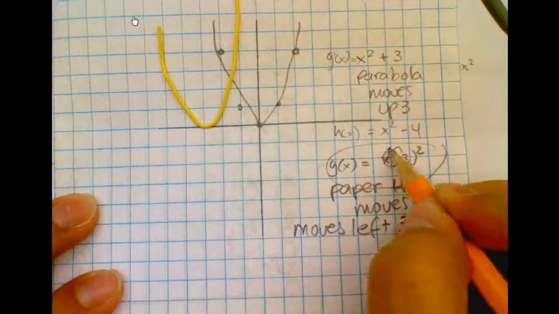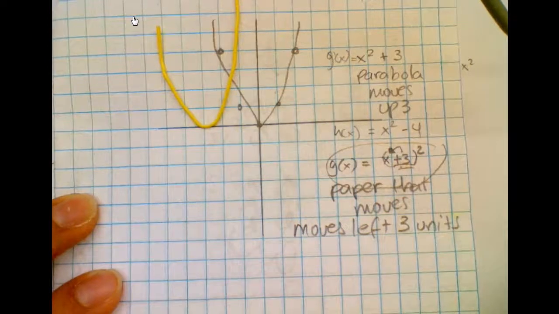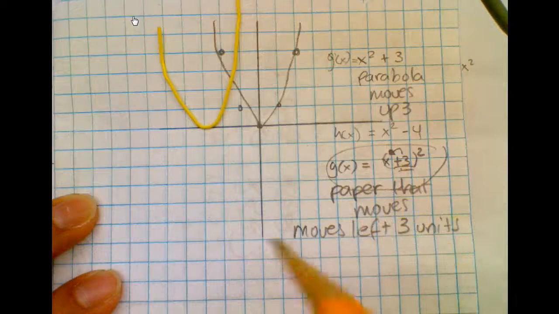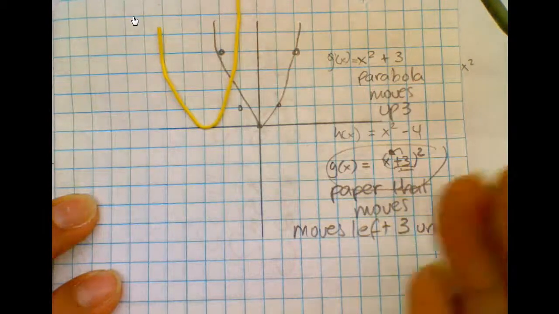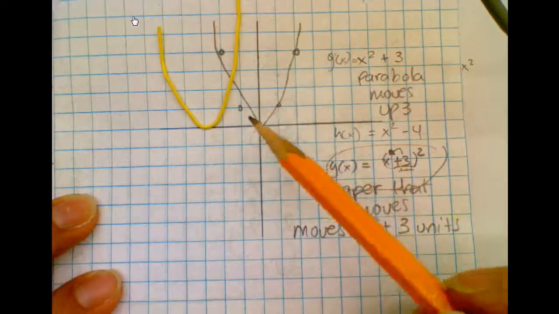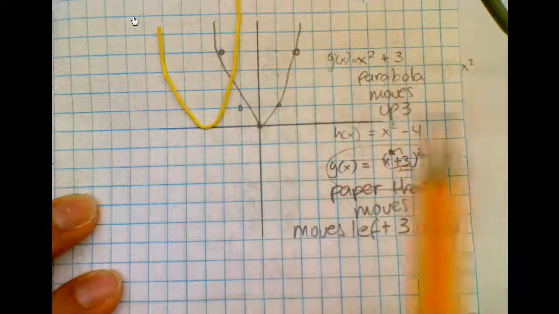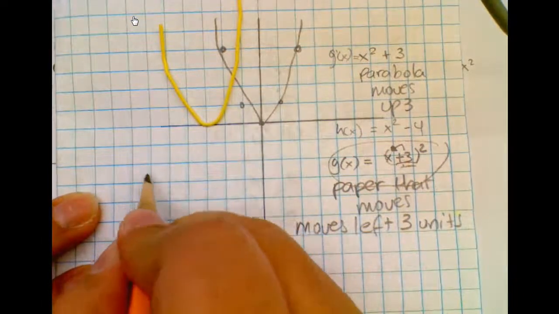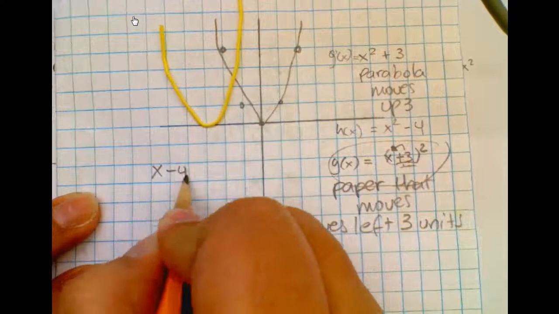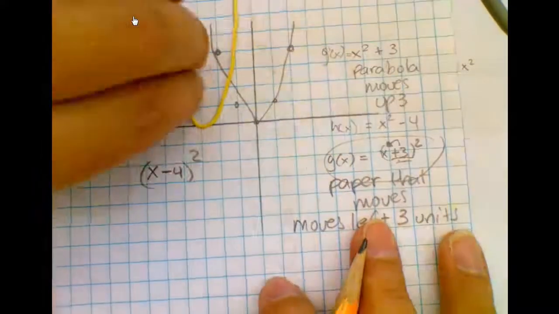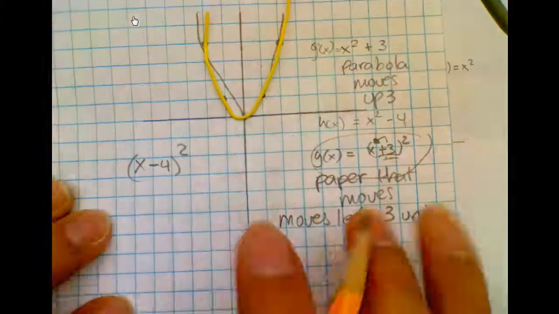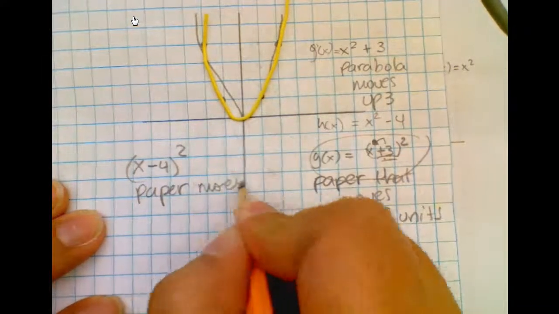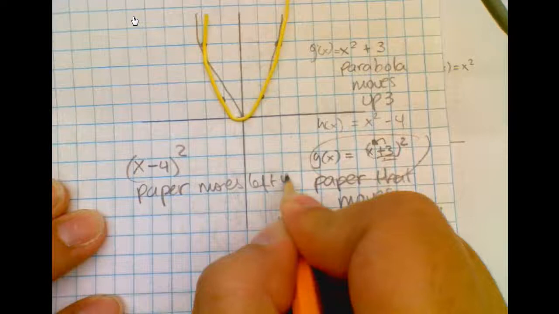When we are affecting the input directly, it's not the graph that moves, it's the paper that moves. So since the paper moves, it looks like the graph is moving backwards, but it's the paper that is moving forward. So what happens when I have a function that looks like (x minus 4) squared? Well, again, I return to my original position, and now my paper is the one that moves left 4.